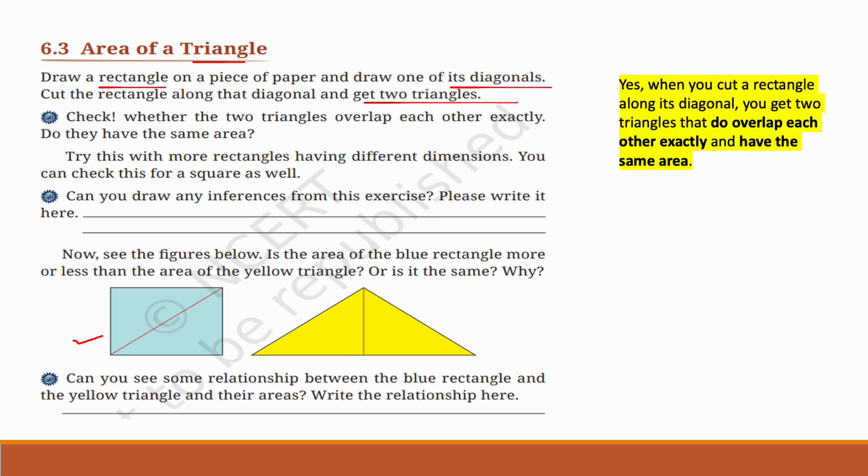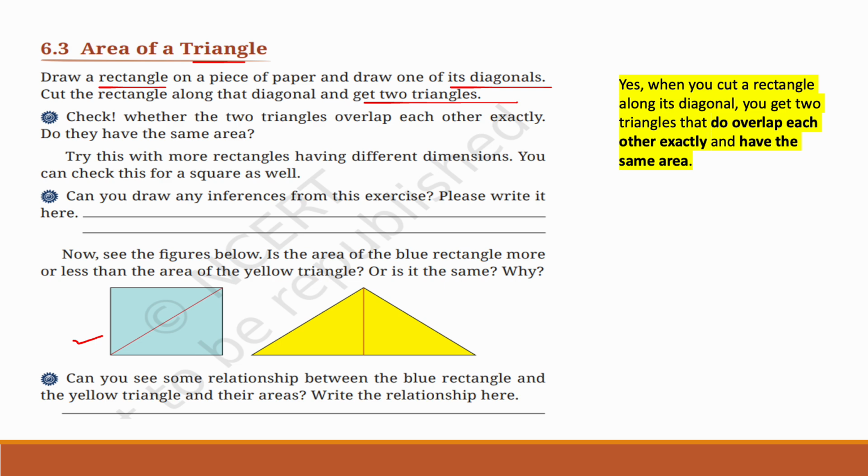Yes, when you cut a rectangle along its diagonal, you get two triangles that overlap each other exactly and have the same area. Try this with more rectangles having different dimensions. You can check this for a square as well.